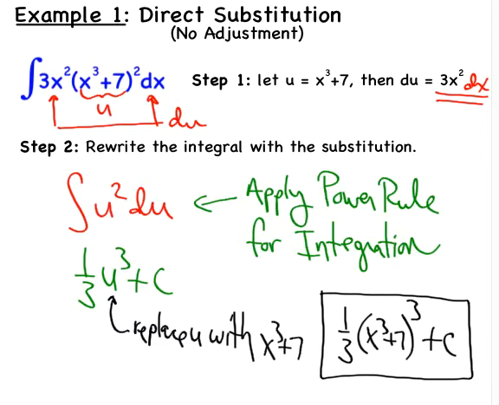And we can check this answer by taking the derivative with the chain rule, and in doing so, we would see that we get 3x squared times x cubed plus 7 to the second power.